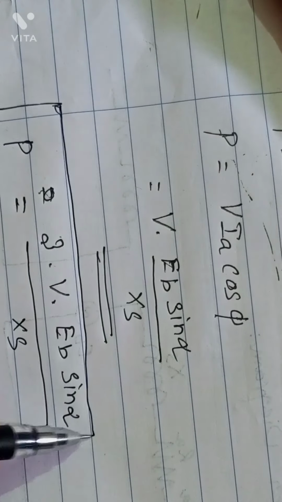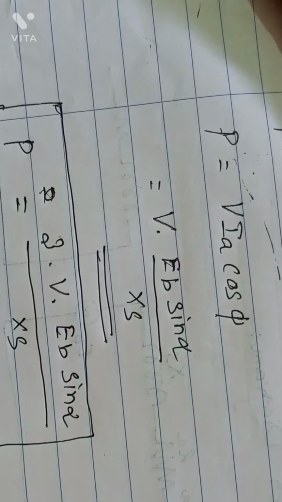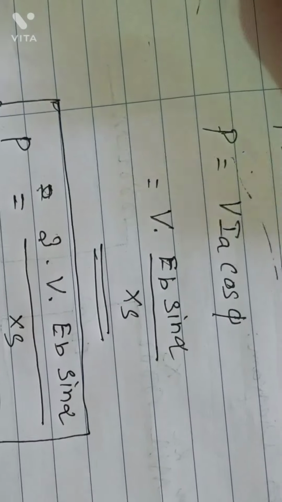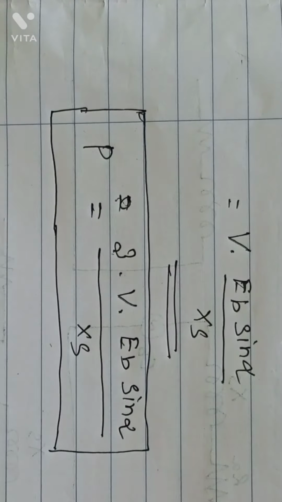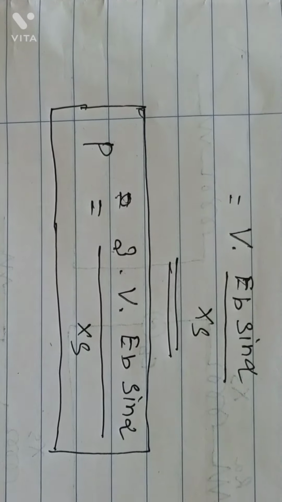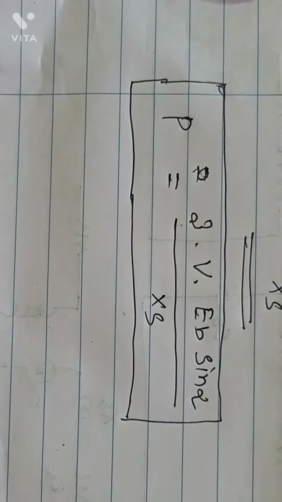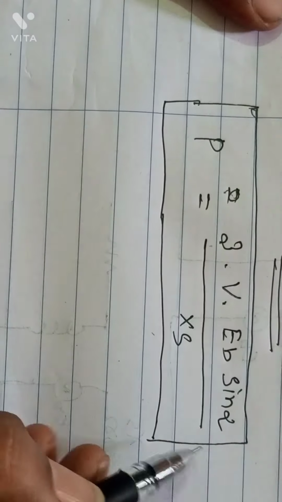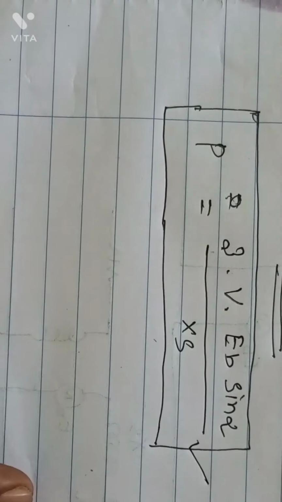Here it is the three phase power, 3 into V EB sin alpha by XS. Are you clear? Next, now you got a power for three phase, right?